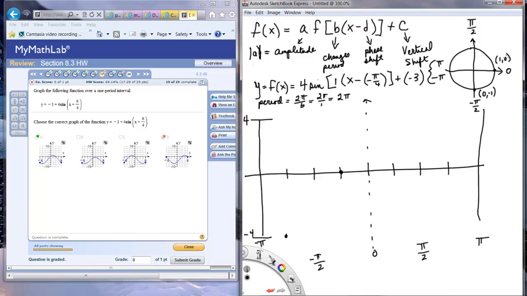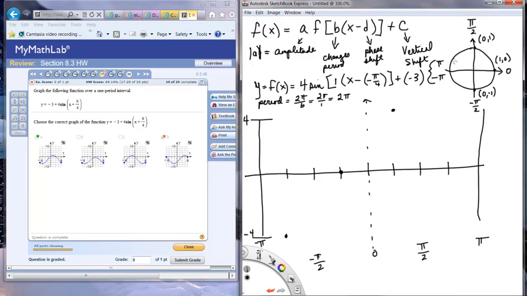Move to pi over 2, and this is the point 0, positive 1, so the sine here is 1. So it would be here, except we have to shift it to the left, pi over 4, and then apply the amplitude. 1 times 4 is 4. And then move to pi.